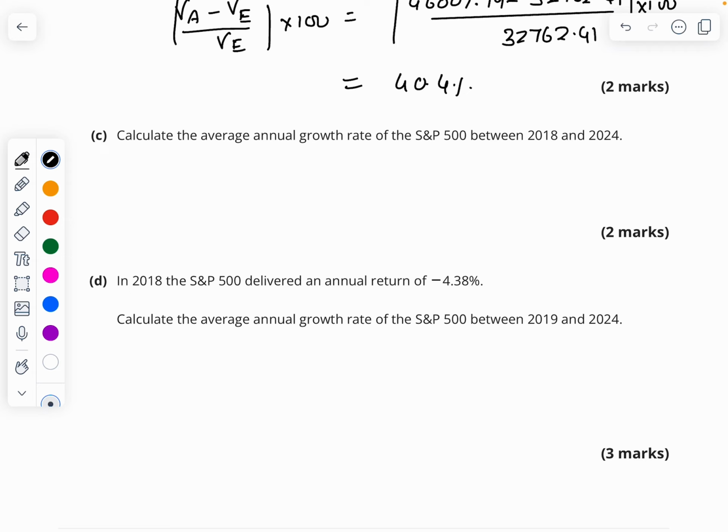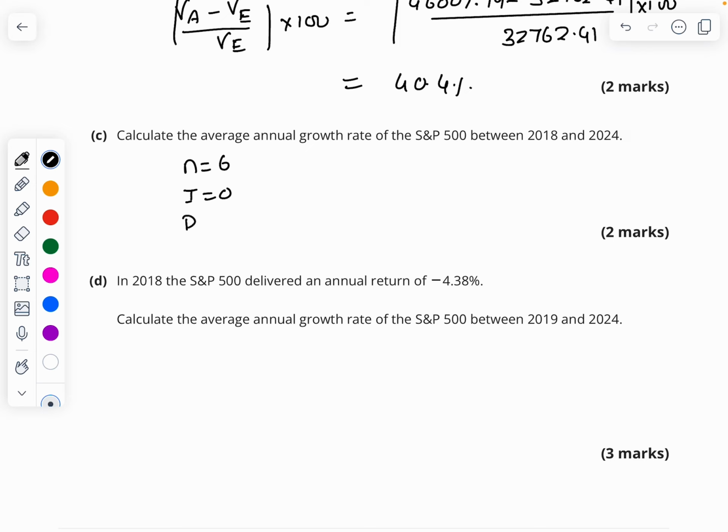Calculate the average annual growth between 2018 and 2024. So in this case, what am I going to do? I'm going to take the calculator again. N value equals nothing but how much? 6. Then I use the N value as 6, and the interest rate we have to calculate, so we'll keep it as 0.